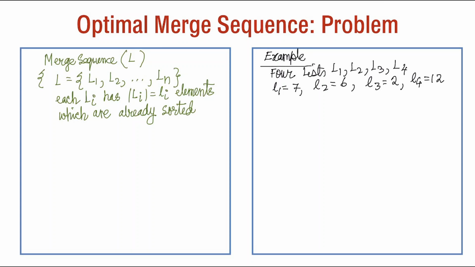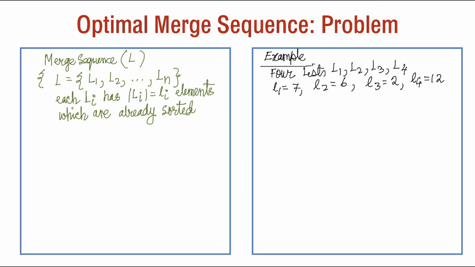That means there are 7 elements in list L1, 6 in list L2, 2 in list L3, and 12 in list L4. Now let us see the various ways in which we can merge them.